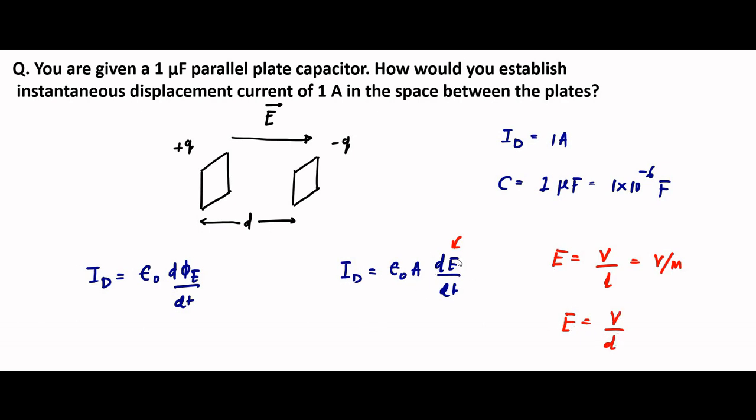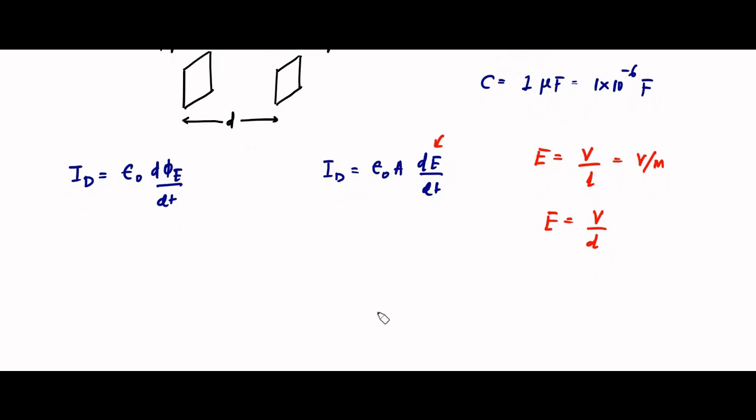If we substitute E as V by D, then ID is equal to epsilon 0 A d by dt of V by D. As D is constant, we have epsilon 0 A by D dV by dt.